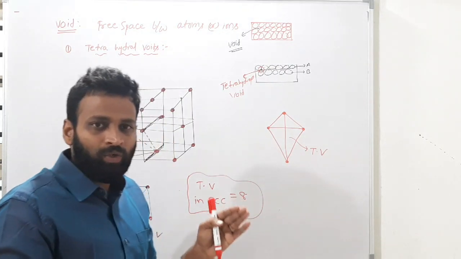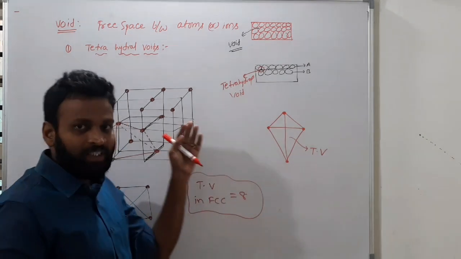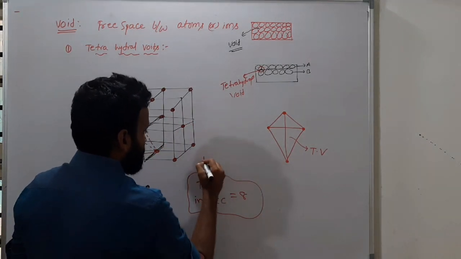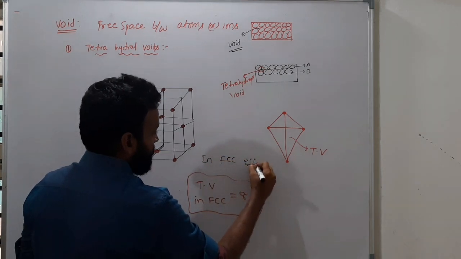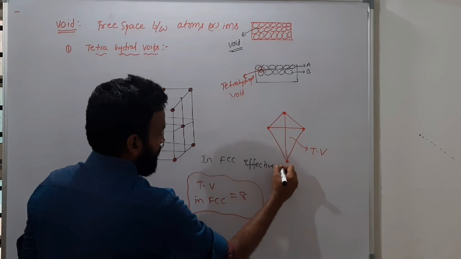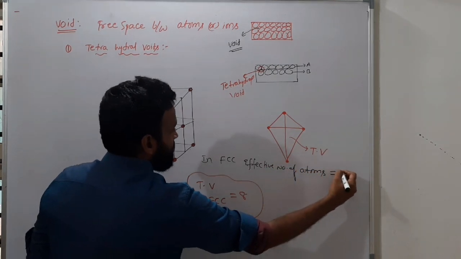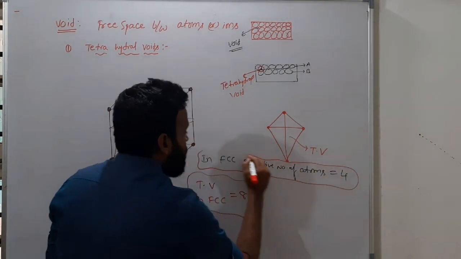Understanding? So, in FCC, what is the effective number of atoms? In FCC, the effective number of atoms is 4. This is very important.